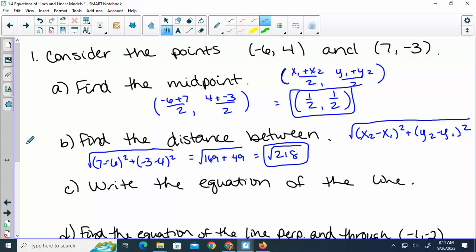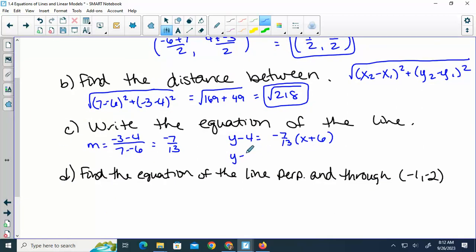All right, equation of the line. This is more like yesterday. What do we have to do to find the equation of a line? Find the slope. So y2 minus y1 over x2 minus x1. So we get negative 7 over 13. Then we take one of the points and plug into the equation. So y minus 4 equals negative 7 over 13 times x minus negative, so x plus 6.